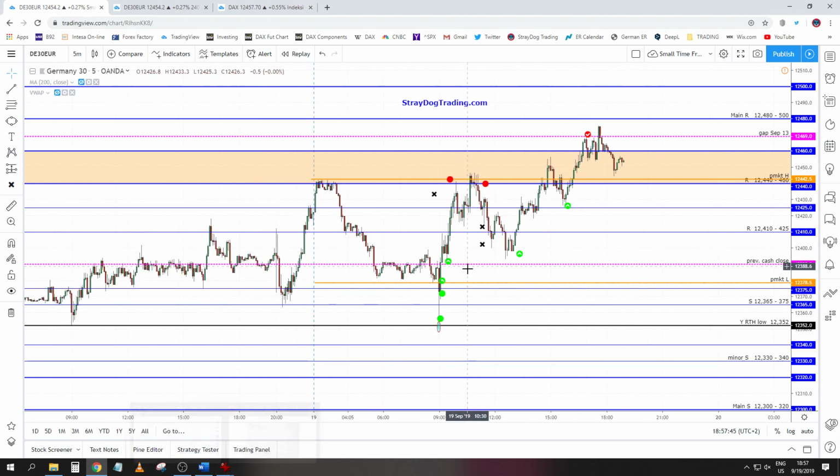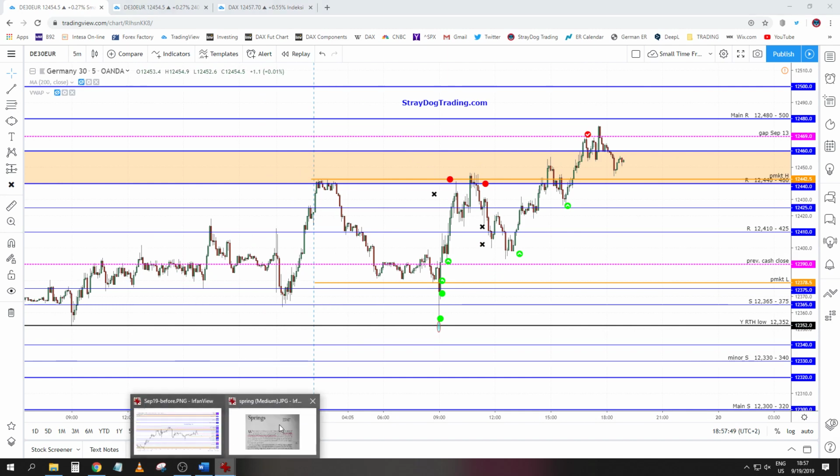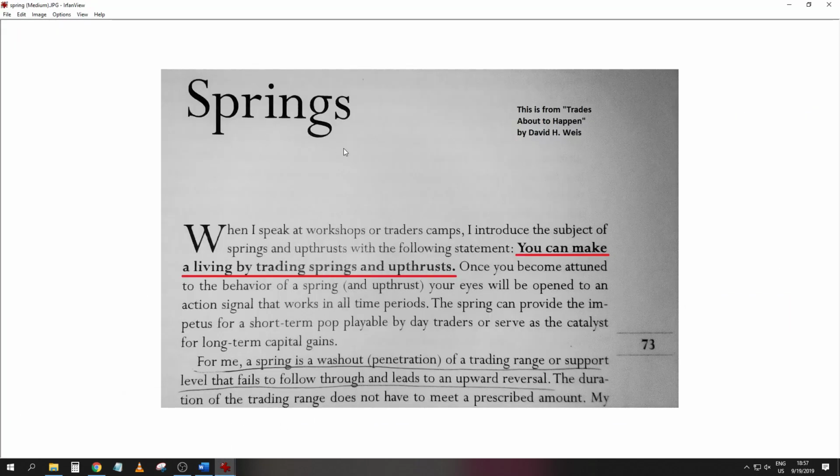So all you need here is to execute, not be afraid to execute on this kind of setups. And again, this is very, very common, and I always show you this here about springs. This is from the book Trades About to Happen by David H. Weiss. I don't have that book in PDF format, but you can find it, it's very cheap on Amazon. You can buy a used one or a new one, whatever.